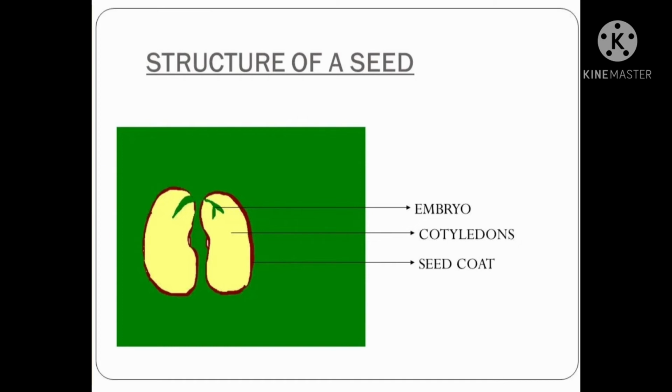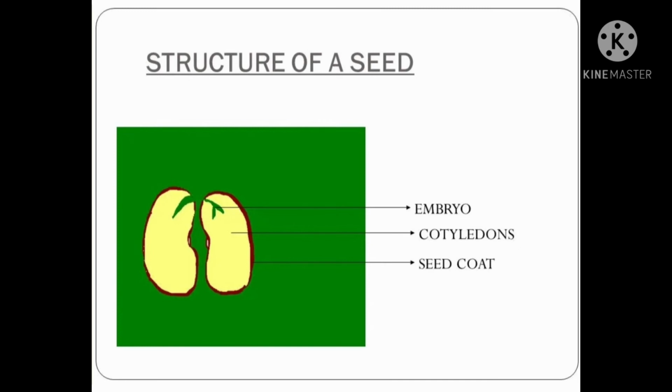Let us look into the structure of a seed. If we open a seed, we can observe the seed has the following: embryo, cotyledons and seed coat. As mentioned, seed coat is the external covering.